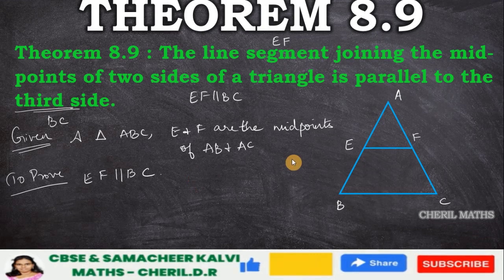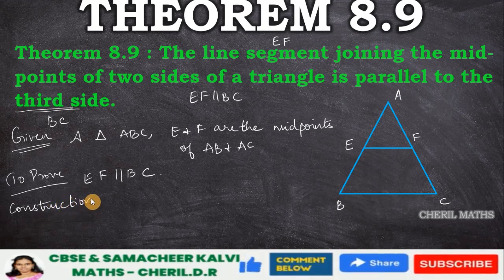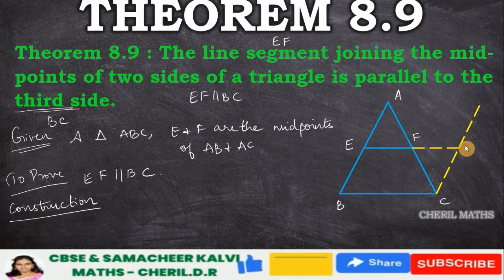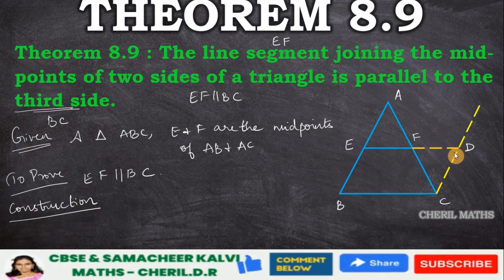In order to prove it, we are going to do a small construction. The construction is that we are drawing a line from C which will be parallel to AB, and we are extending the line EF to this line such that it meets at D. So from this we can say that CD is parallel to AB.